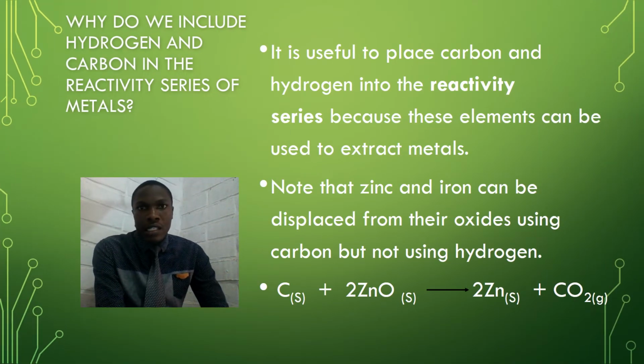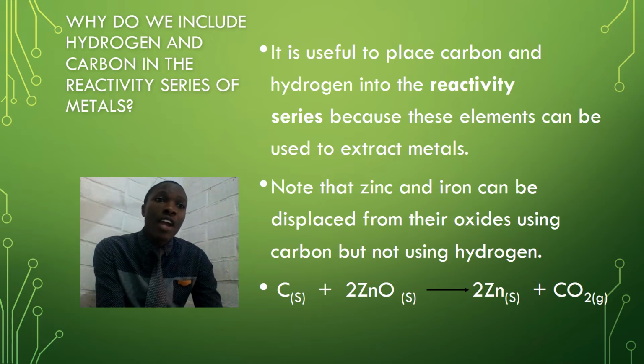One may ask, in the reactivity series of metals, why do we include hydrogen and carbon? Why do we include them there, yet they are non-metals? You need to know that carbon and hydrogen in this reactivity series are very useful because these elements are used in the extraction of metals.